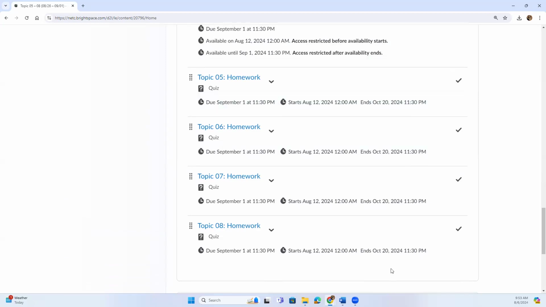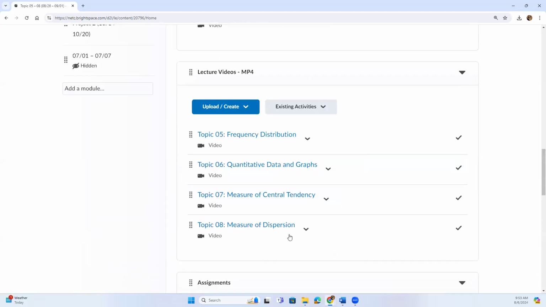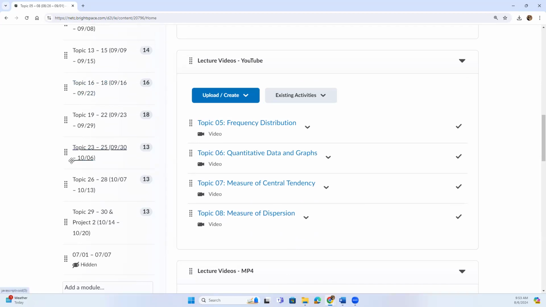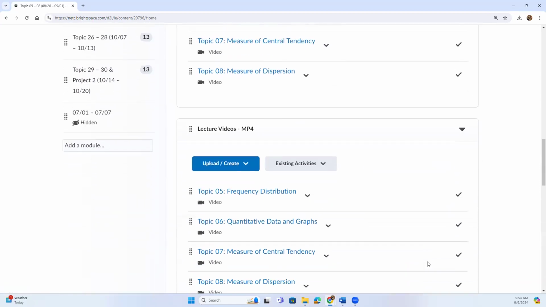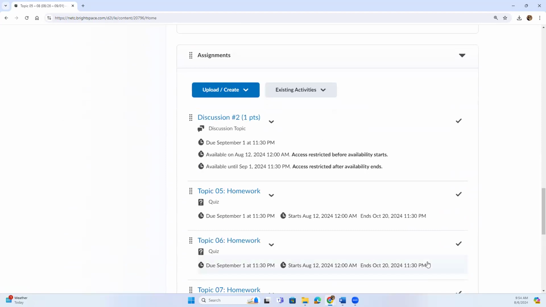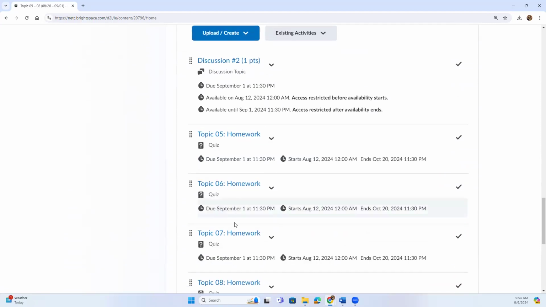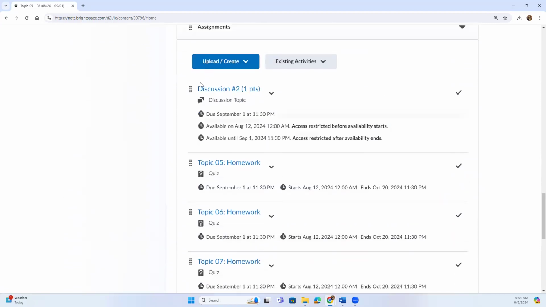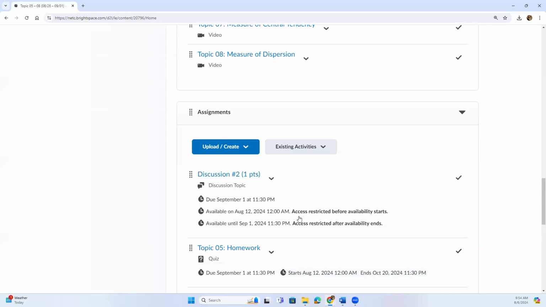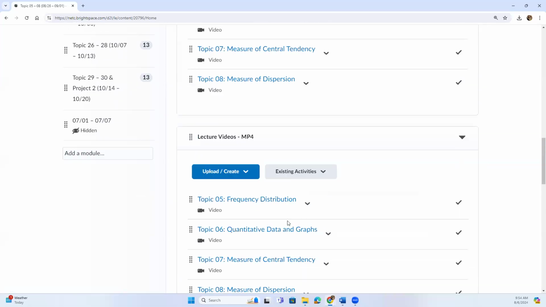You don't need to ask for my permission, but I highly suggest students follow the course timeline. If you want to work ahead, you may. If you fall a little behind, that's okay, just make it up as soon as you can. Again, like I said earlier, students cannot make up discussions because a lot of these discussions are like class activities.